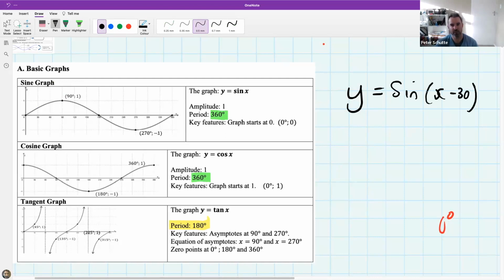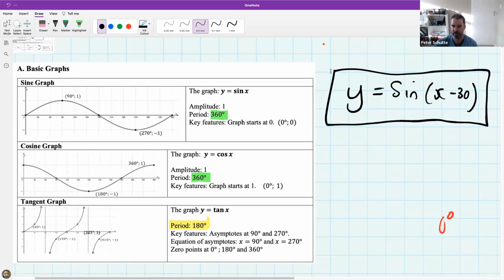Now, that is not the same as a period change where the number in front changes in front of the x. It's slightly separate. What do we think that type of change to the basic sine graph will happen here?